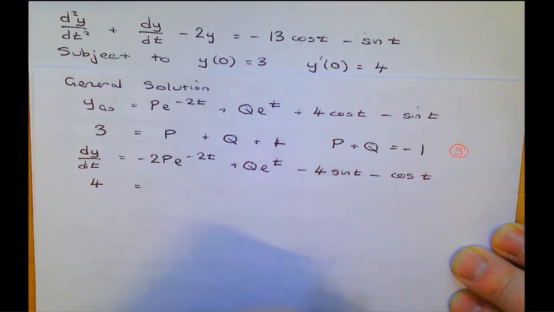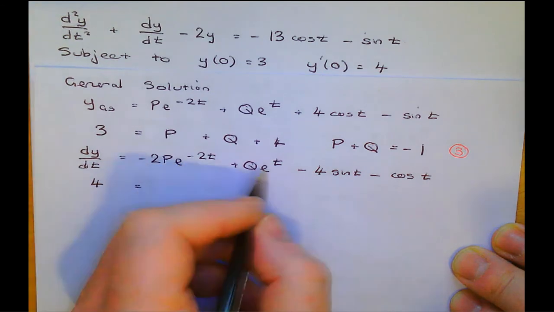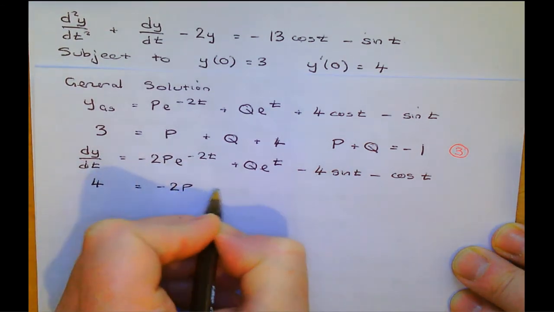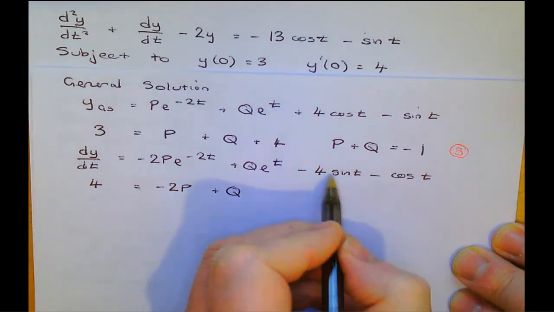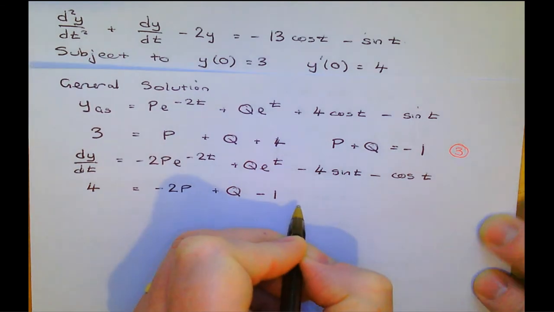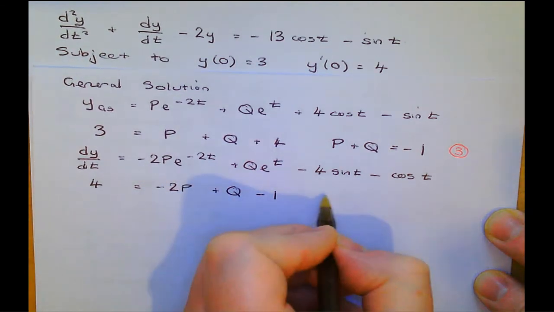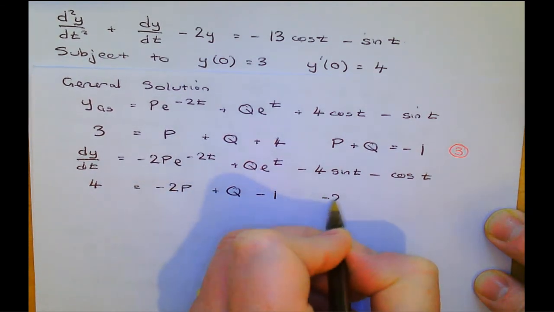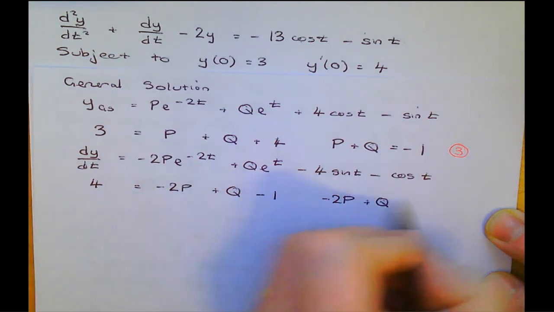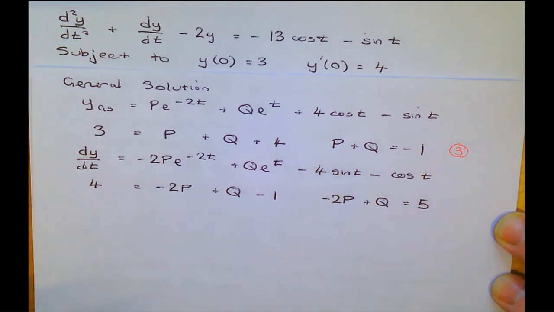Exponentials, of course, still equal to 1. So we'll get minus 2p plus q minus 0 minus 1. So indeed here, minus 2p plus q, that will equal 5. And that can be equation 4.